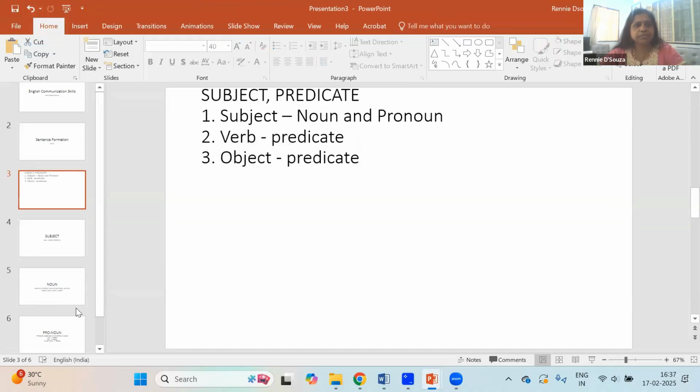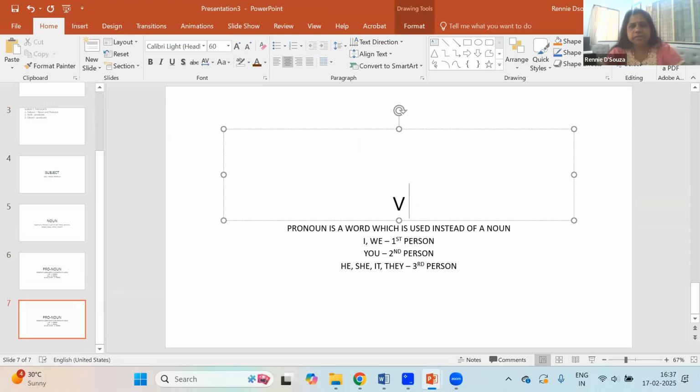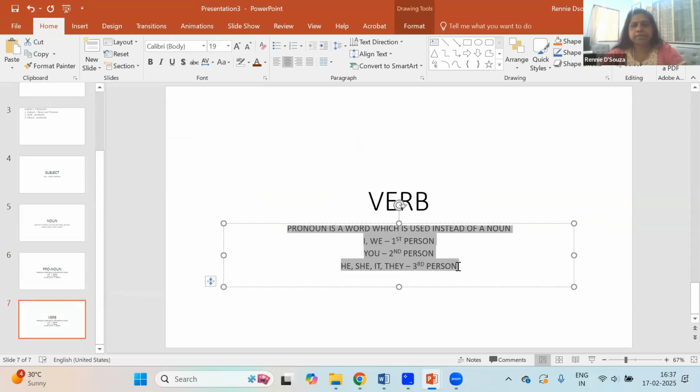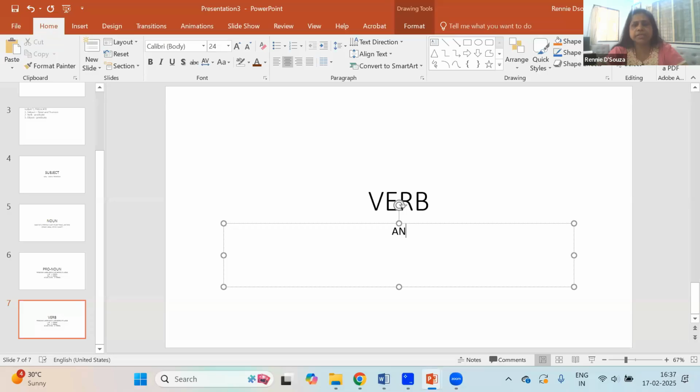Now what is verb? Verb is basically any work or any action, right? So anything which is visible that we do, that is verb. Verb is any work or any action which we can see.